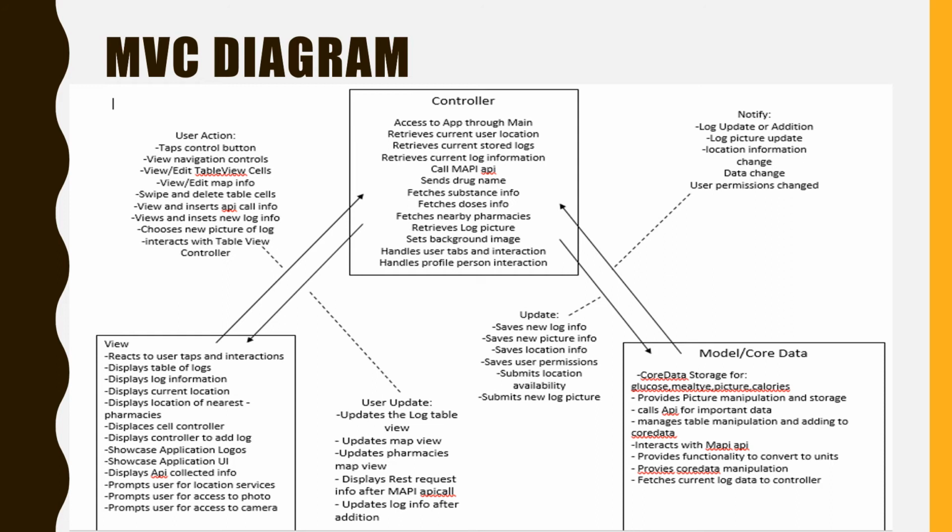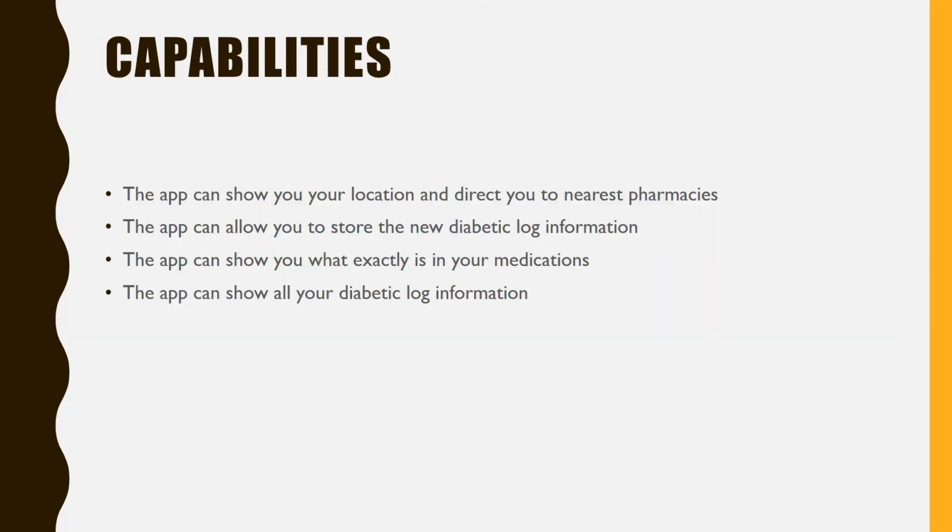And it also updates the table view. Whenever there's an update from the model or to Core Data, it updates the table view. The basic function of the view is to just display the data in a readable format.